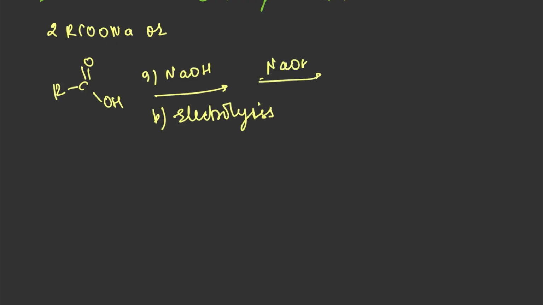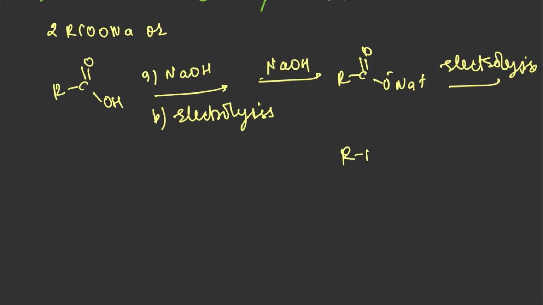Acid and base form a salt, RCOO minus Na plus. On electrolysis of the salt, the cation goes to the cathode side and the anion goes to the anode side. On the anode side we get R-R plus 2CO2, and on the cathode side we get NaOH and H2.